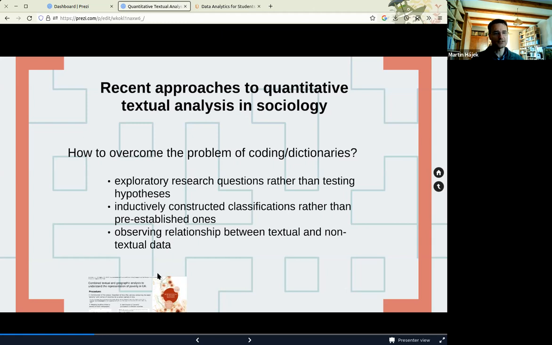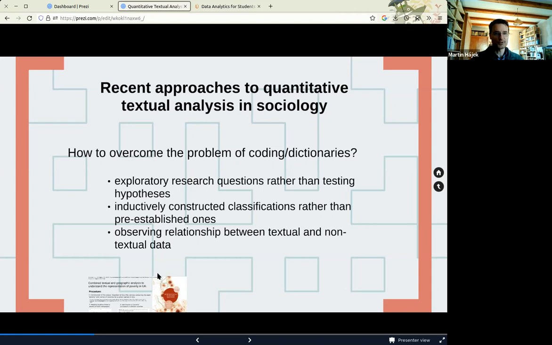So hypothesis-testing research is good because you have a theory. You infer variables from the theory, and you test relationships between variables in your data. And if you prove that there is a relationship, you can say the theory was proven, or this theory holds in this empirical part of the world.